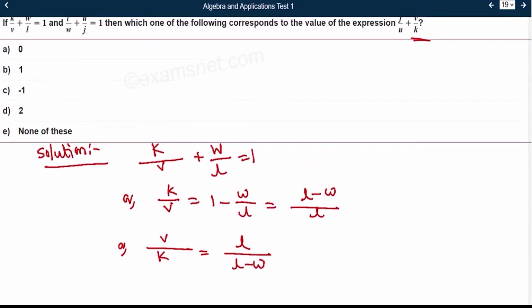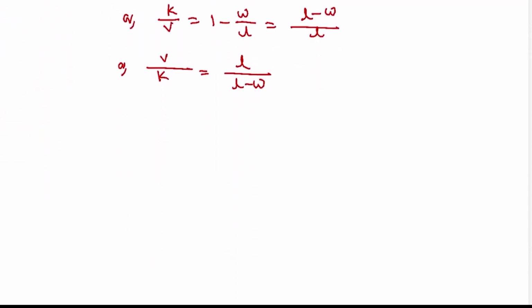Now let's write the other term, that is l by w plus u by j equals 1, right? And we are required to find the value of the expression j by u.